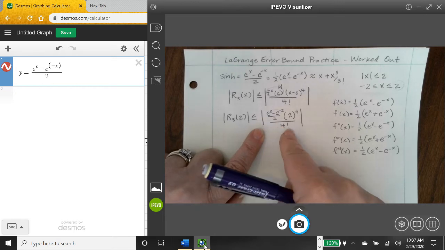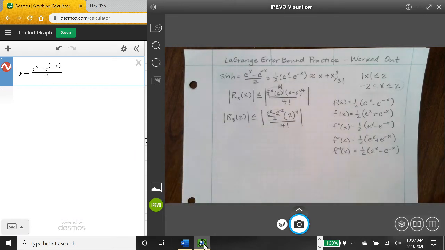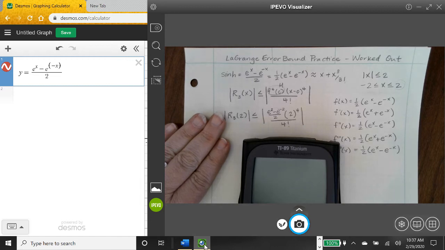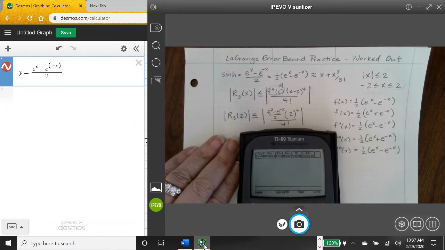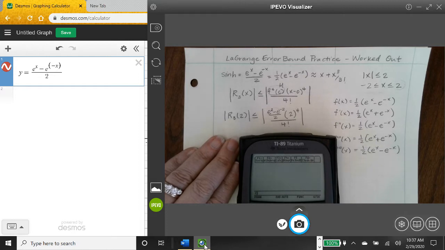Okay, so if I were to put the numbers in my calculator for that, you can see here, clear out my memory here. All right, I'm going to type in the numerator here, which is e to the second minus e to the -2 divided by 2.